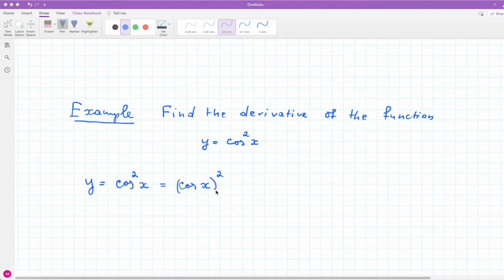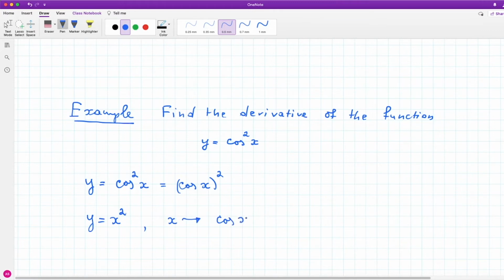By looking at this function, the first thing that you can notice is that the y value is the square of some other number, namely cosine of x. So that tells us that our function can be obtained from a simpler function, namely the function y equals x squared, by means of a substitution in which we replace x with cosine of x.